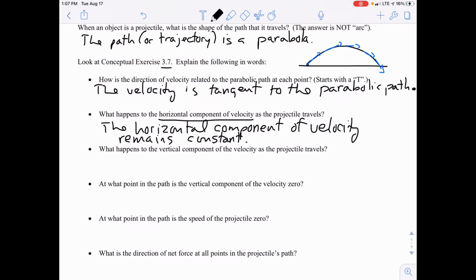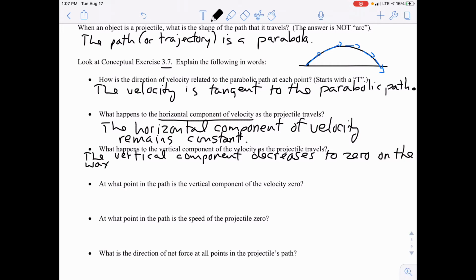What happens to the vertical component of velocity as it travels? Well, the vertical component decreases to 0 on the way up.